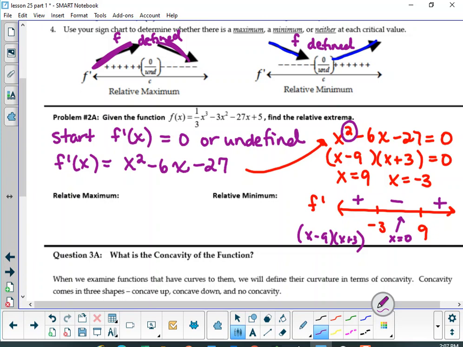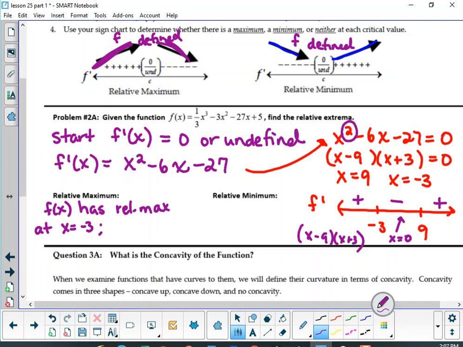So here's what this number line tells me. It tells me f of x has a relative max at x equals negative 3.